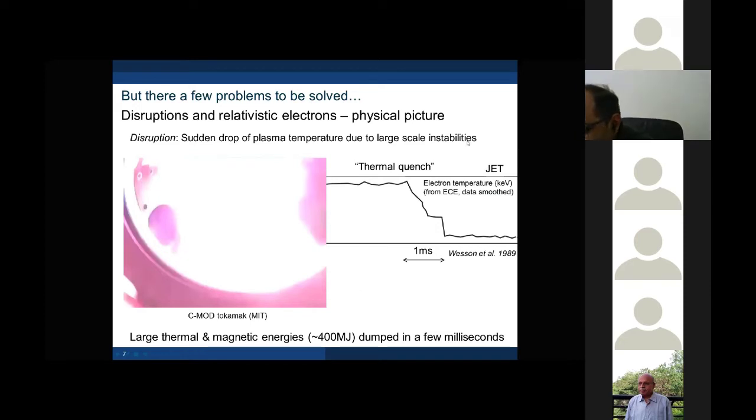Yeah, no problem. Good that you asked. So when the plasma cools in such a short amount of time, the way the cooling happens is that effectively there is a loss of heat in the minor radial direction. If you look at the cross section of the plasma, this heat has to go out parallel via the magnetic field lines, and it goes to a small part called the divertor.